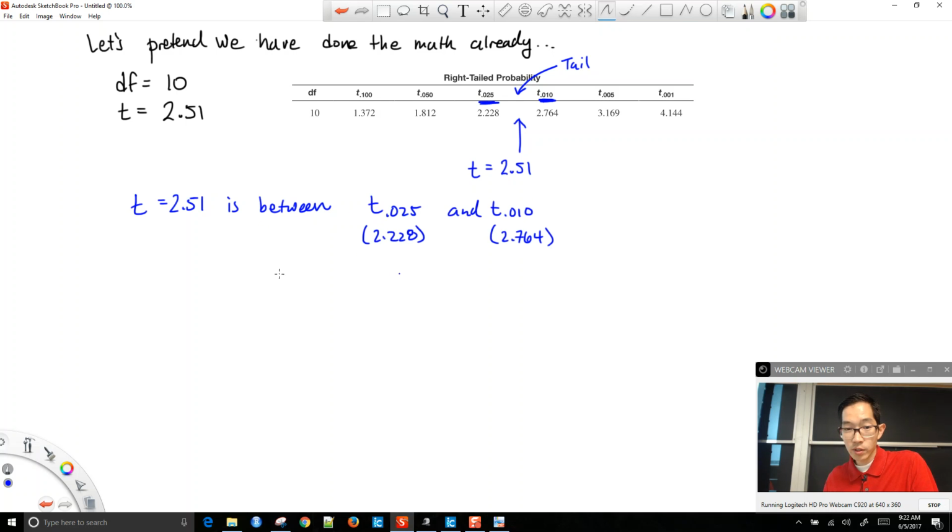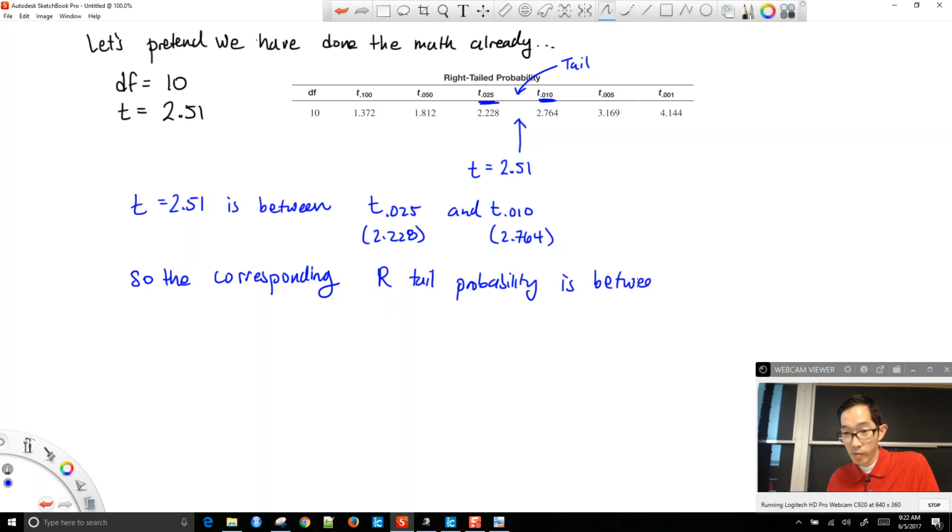So t is between those two values, and the corresponding right tail probability is between 0.025 and 0.010.